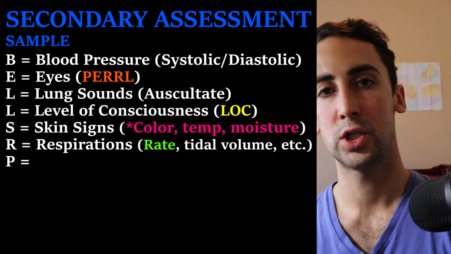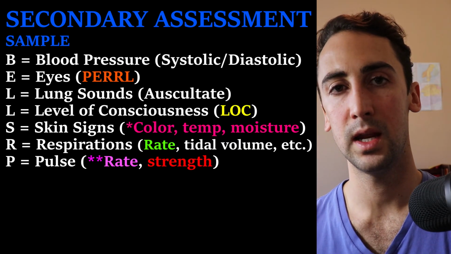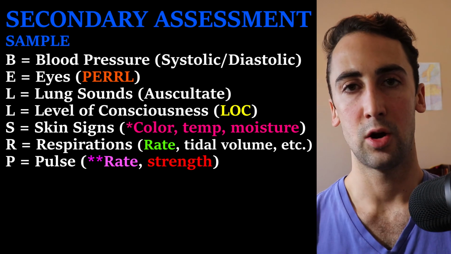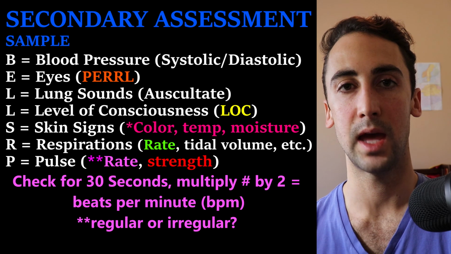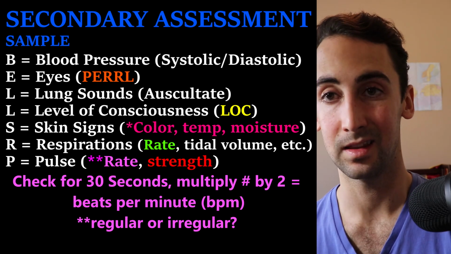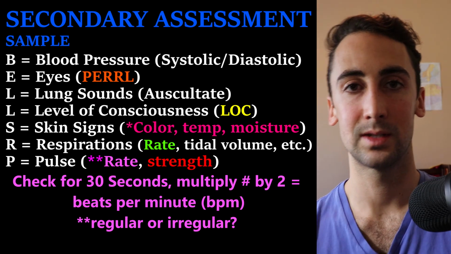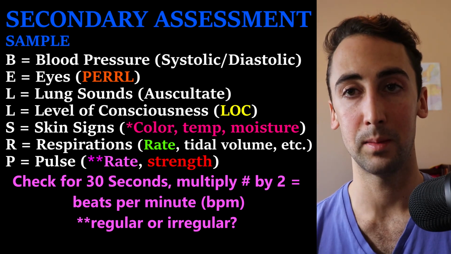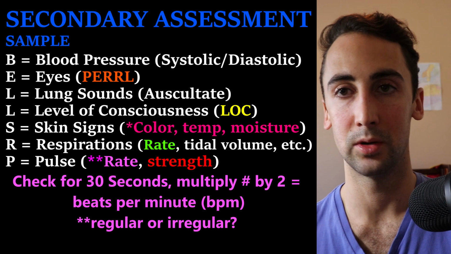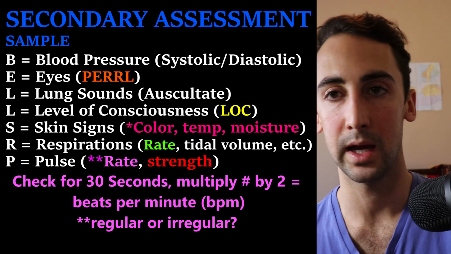Next, we are going to check our pulse in BELLSRP. At this point, we're going to check our pulse for a full 30 seconds. And the reason we're going to do that is we don't want to miss anything when we're checking our pulse. So sometimes people will tell you to check it for 15 seconds. I highly recommend not doing that, because what people will do is they'll check it for 15 and then multiply that by 4.